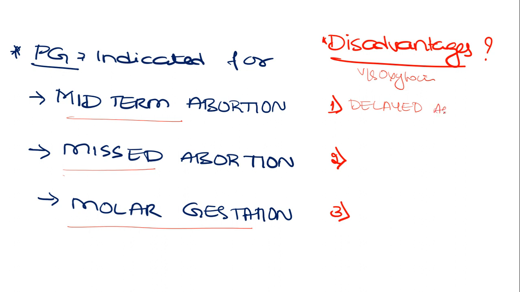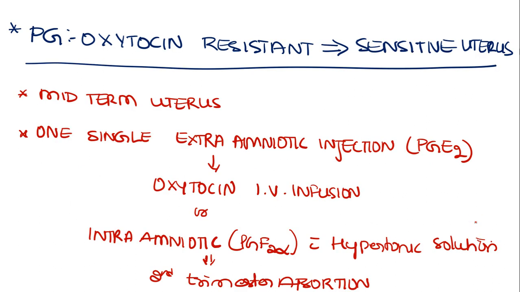Their actions are erratic, not consistent or controlled, and they produce incomplete abortions.